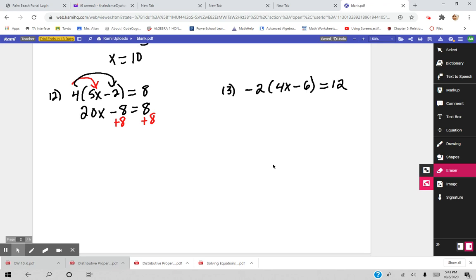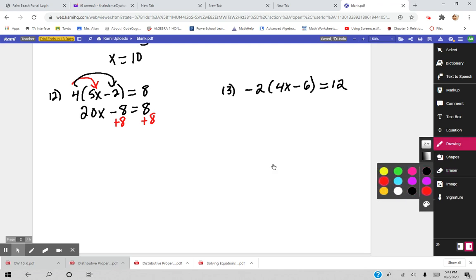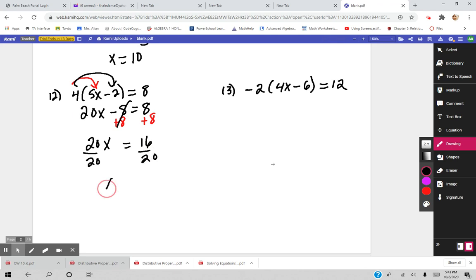I didn't mean to say add a zero pair, I meant to create a zero pair. So we can eliminate the -8. So this is gone. 20x equals 16. Divide both sides by 20. And x equals, we can reduce that, divide the top by 4, you get 4. Divide the bottom by 4, you get 5. So x is 4/5.